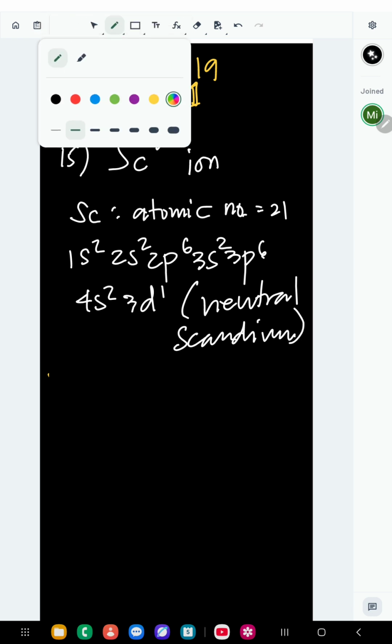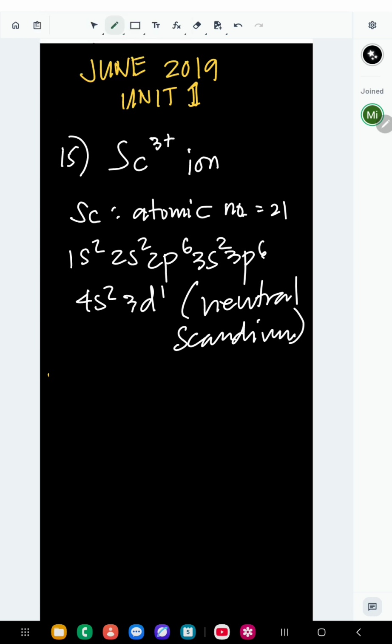But how about the scandium ion? Okay, so the scandium 3+ ion means that it has lost 3 electrons. So the first 2 are lost from the 4s orbital, and the third is lost from the 3d orbital.